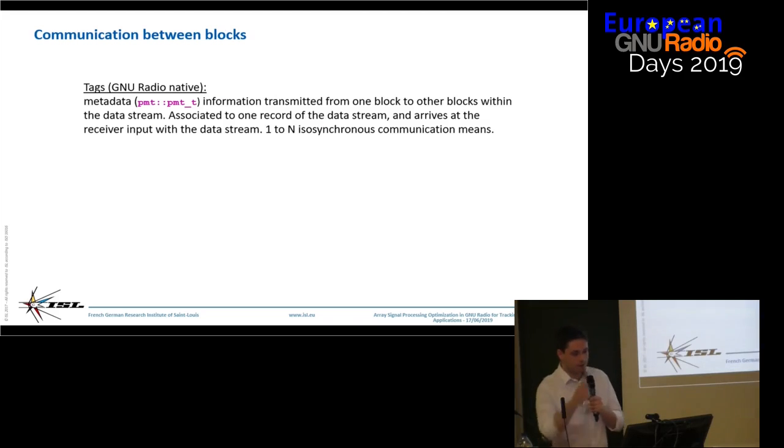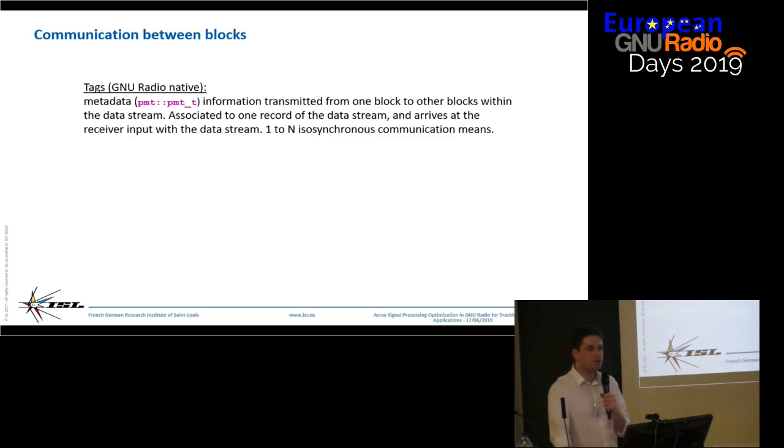Now we're focusing on improving how we communicated information between our different blocks. If you think about that, of course, the first thing that comes to mind will be the GNU Radio native tags. As a reminder, it is metadata information that is transmitted from one block to the others within the data stream.